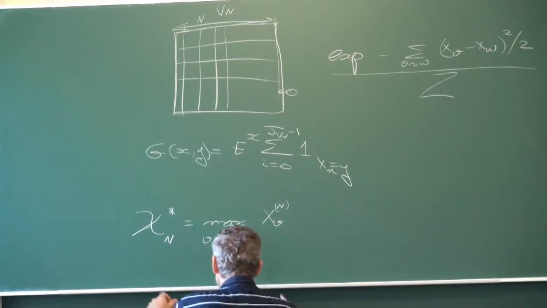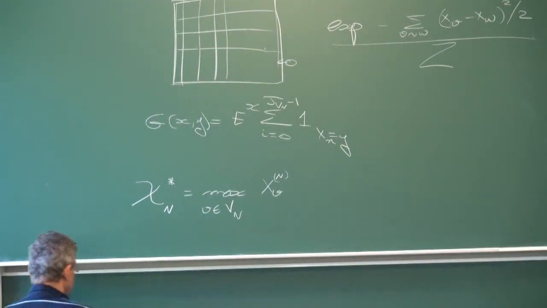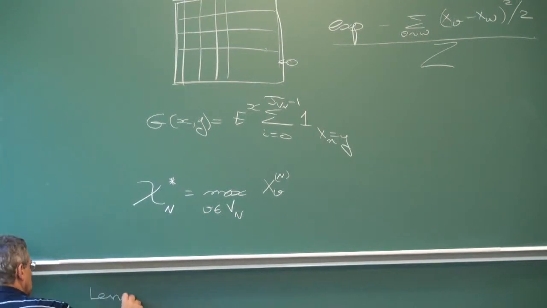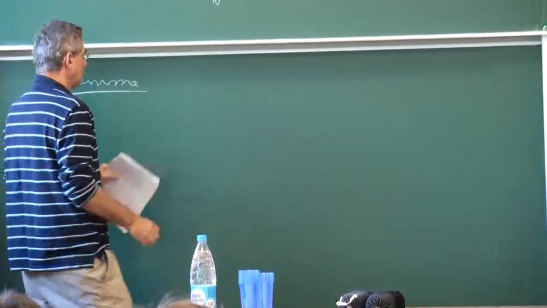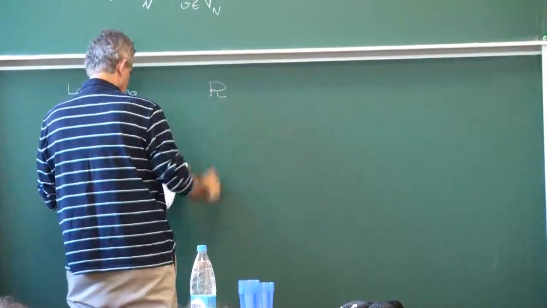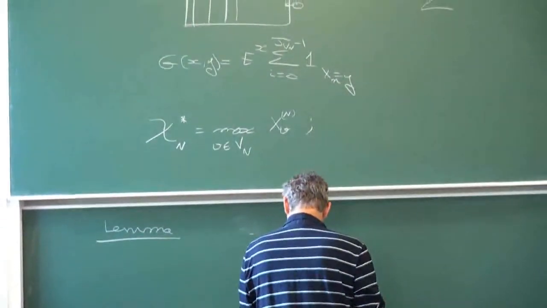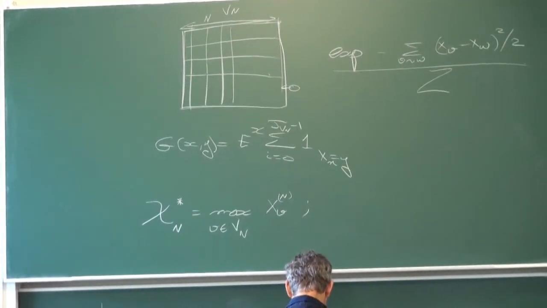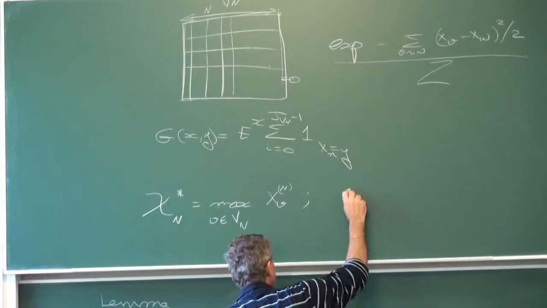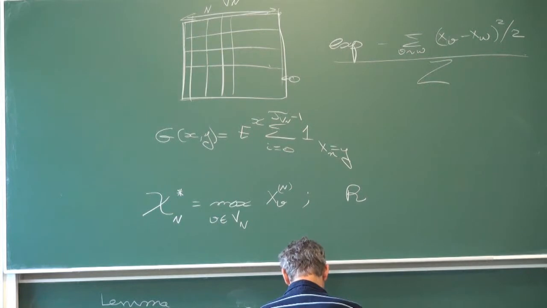One consequence of the random walk representation is the following lemma that I will not prove. One last thing is that I will always write R for the covariance. I just want to make sure that I'm not confusing notation.